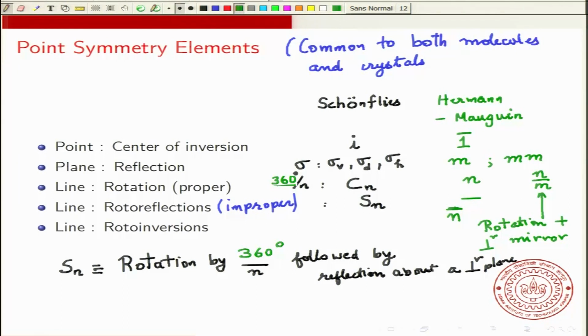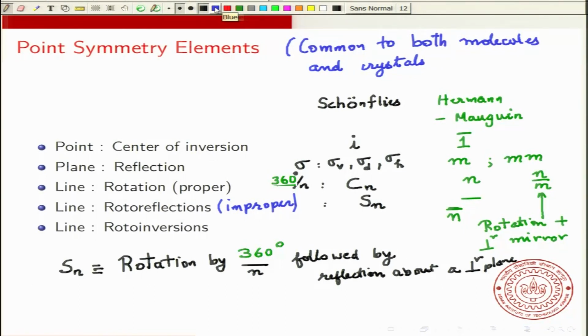Okay. So, these are the two common notations, and these are notations for symmetry operations or for symmetry elements. You can say that a crystal has a three-fold axis of rotation, or you could say that it has a 3 bar axis, which means it has a roto inversion axis.